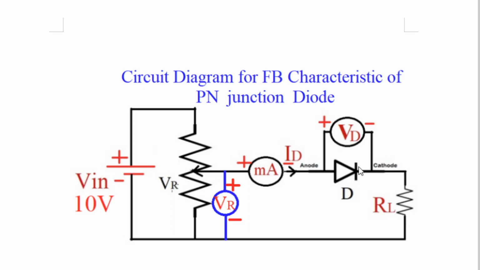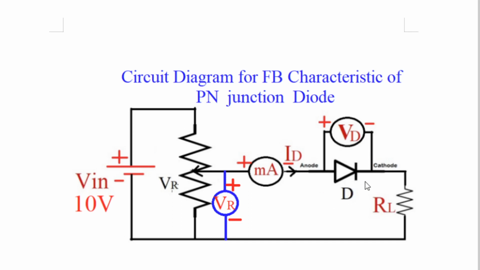Therefore, till 0.7 volt, the voltage across the diode, VD, will be 0.1 volt, 0.2, 0.3, 0.4, 0.5, 0.6, and 0.7. Because the diode is not conducting, it is behaving as an open switch, and the voltage measured across this diode, VD, is equal to the voltage applied to it. But what about current? As we said, the diode will not conduct at all up to 0.7 volt, meaning the current flowing is zero.